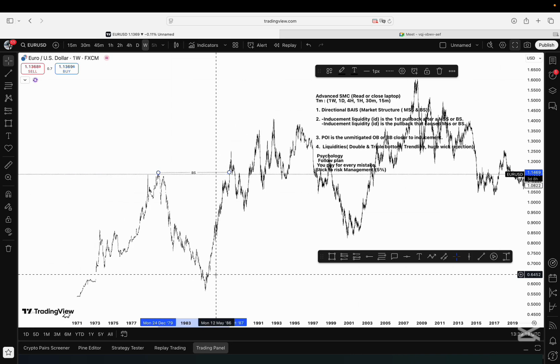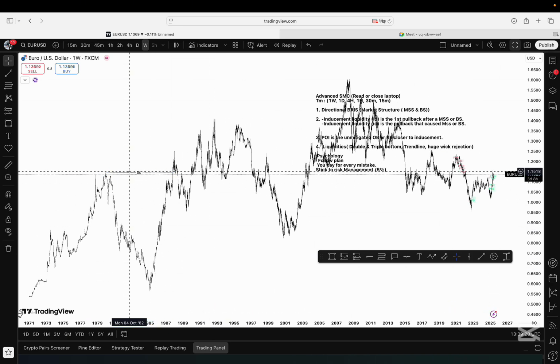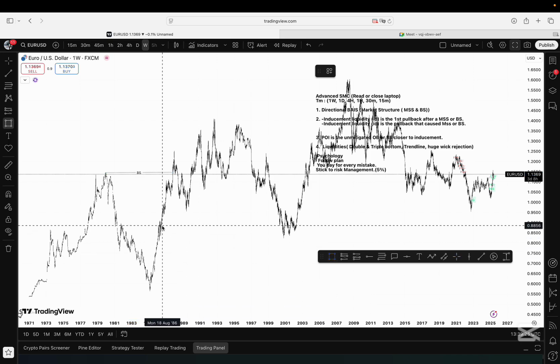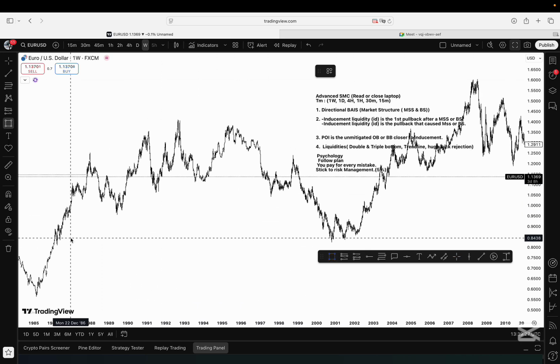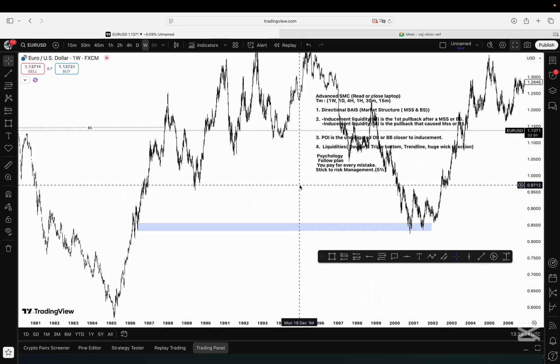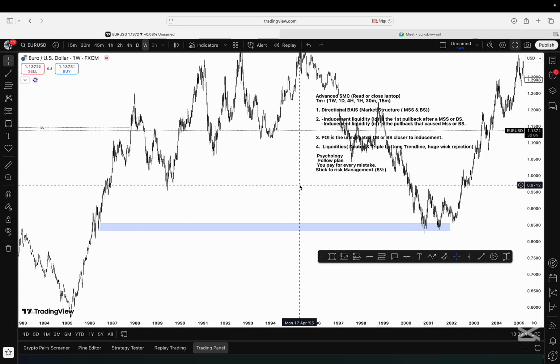Okay, so we have a break of structure here, and then price used this supply zone or this order block to reverse it after the break of structure. I'm analyzing Euro USD using multi-time frame, starting from the weekly time frame. You understand?